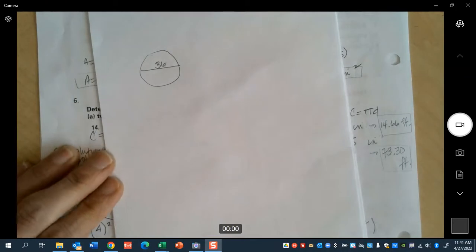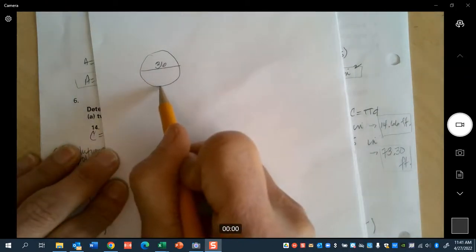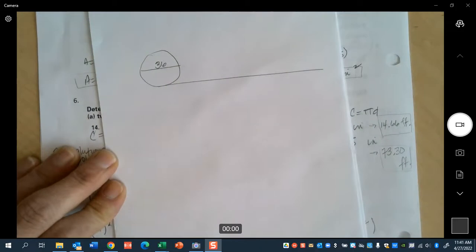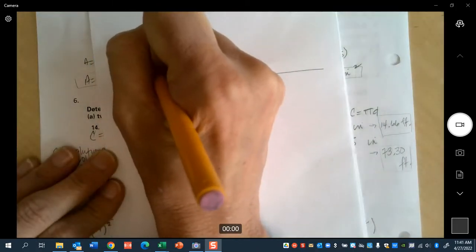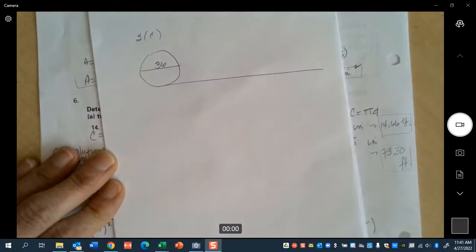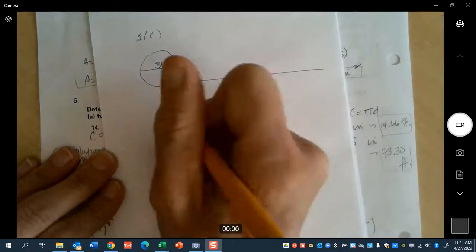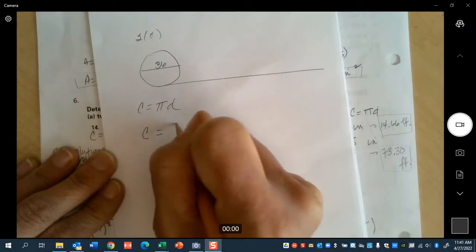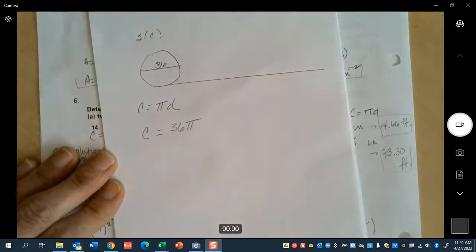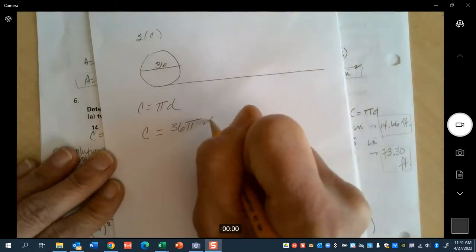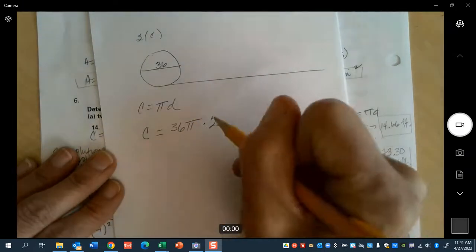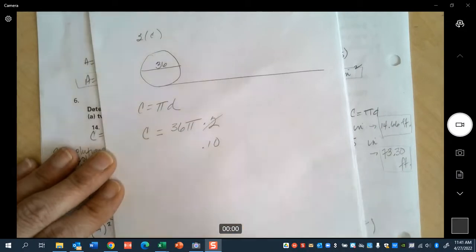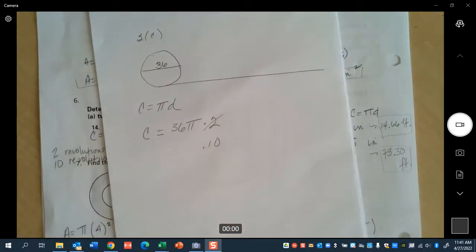It wants to know when it rolls, how long would 2 revolutions be? So basically what I'm asking for is twice the circumference. My circumference is equal to pi times my diameter. So my circumference is 36 times pi, which means I'm going to then also double that for my 2 revolutions. The next one, they want 10 revolutions. A revolution is just it going around in a circle. Gotcha. All right. Thank you.